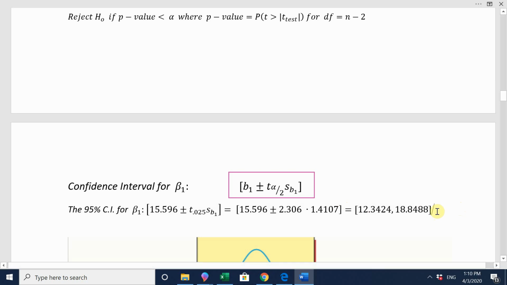I would use my point estimate B naught, plus or minus the critical point t of alpha over 2 with degrees of freedom n minus 2 times the standard error for B naught. This formula is in the textbook, but most often we are interested in testing the slope because the slope is what really ties x and y together.